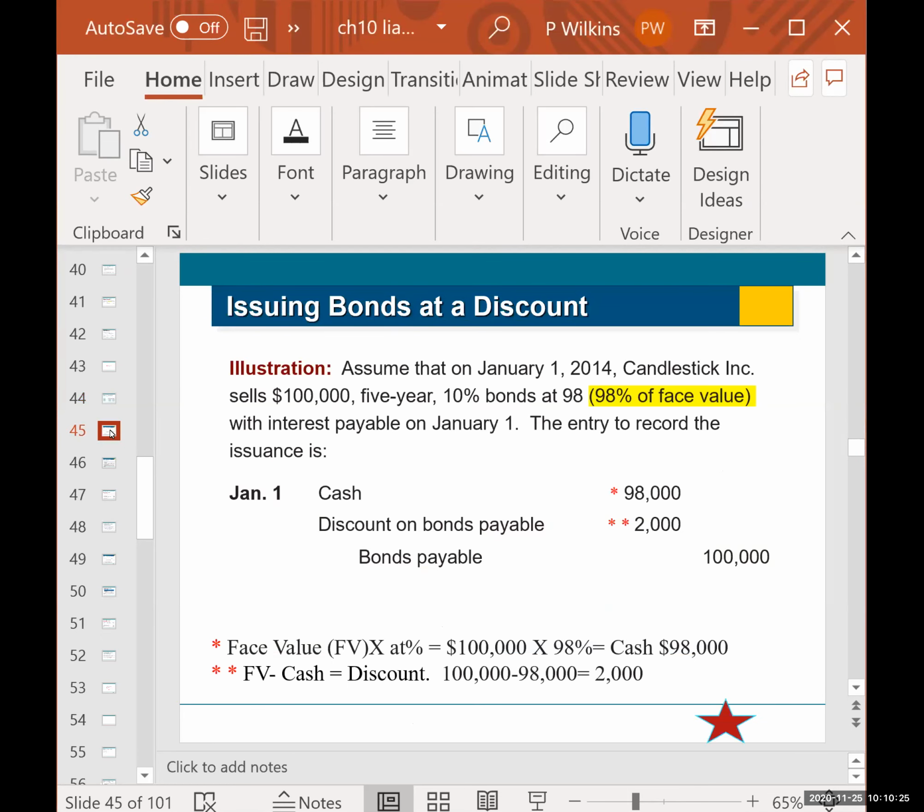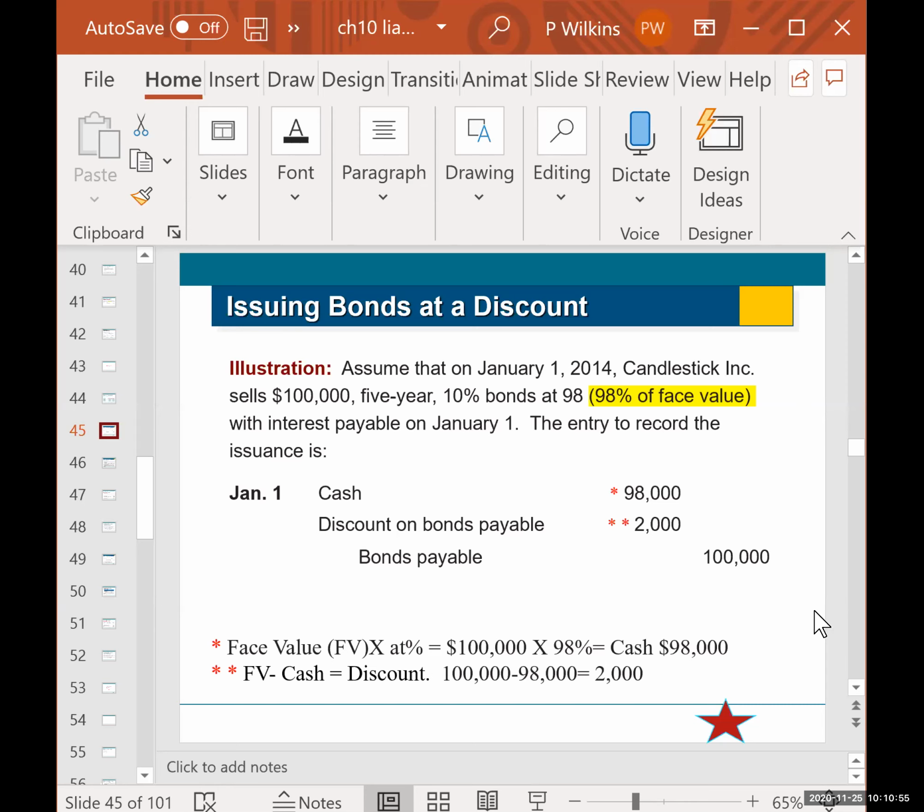Now, when we look at this here, here's an example. So again, in the parentheses, I have put in what that 98 means, but that's not going to be in the problems you get. I just did this for you just to kind of get used to it. So assume that on January 1, 2014, Candlestick Incorporated sells $100,000 of 5-year 10% bonds at 98, which means 98% of face value, with interest payable on January 1.